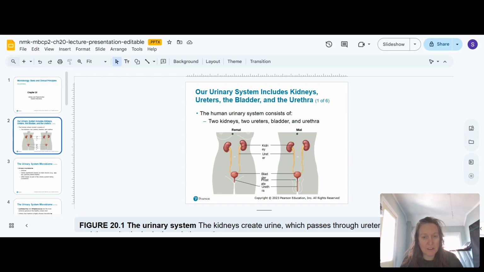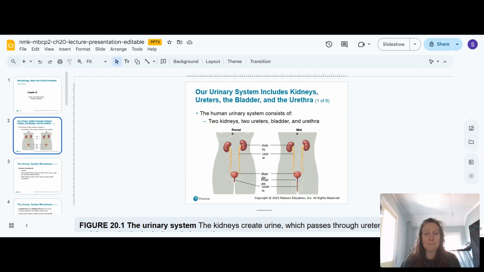And the big difference here, if you notice carefully, is that the urethra in the males is much longer than the urethra in the females. The male urethra travels the length of the penis and also goes through the prostate gland in the process. What's the big deal with that? Well, urinary tract infections can have a much larger effect on the female than the male because the bacteria that may start at the opening of the urethra would have a shorter trip to get to the bladder and cause more serious infections in a female than a male.